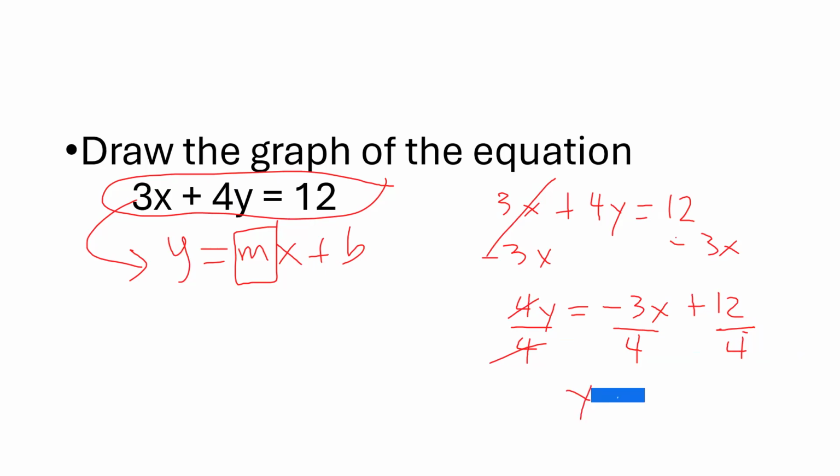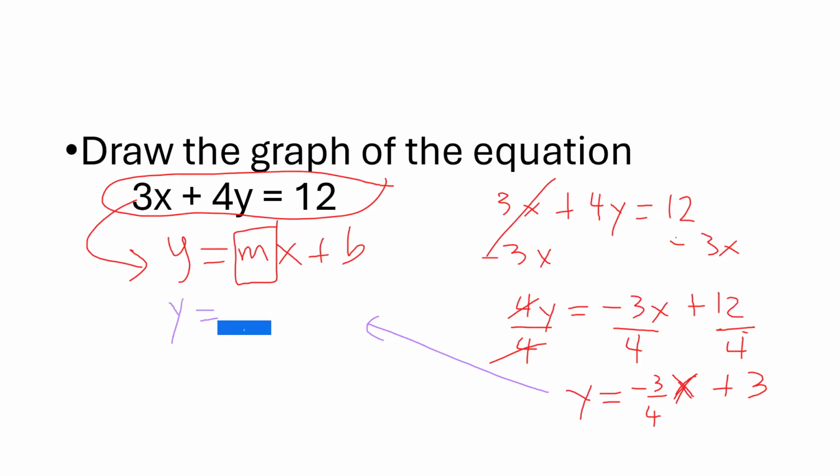So y equals negative 3/4 x plus 12/4. Now, can I reduce 12/4? Oh, yes. 12 divided by 4 is 3. So now, I'm going to bring this over here and compare them.